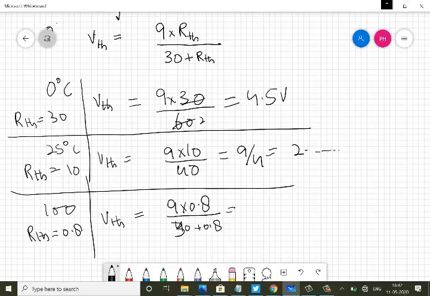So it will be approximately 7 divided by 30, that will be 0.2 approximately.